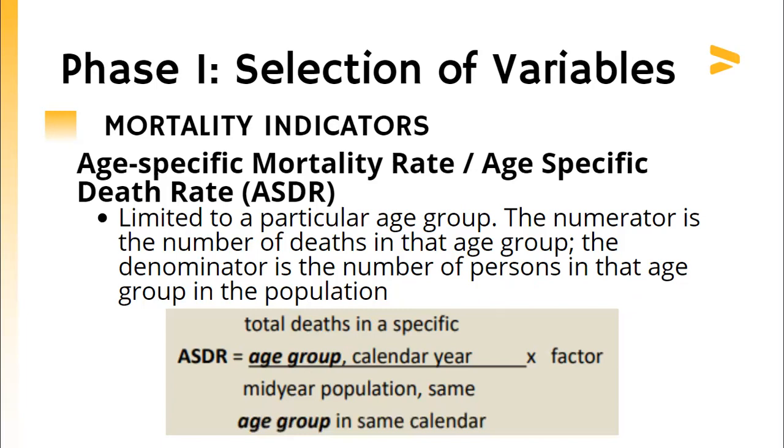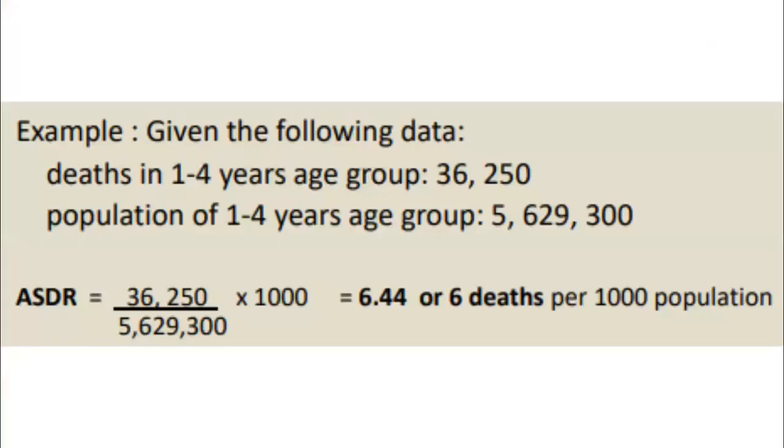Okay, so for example, given the following data, the number of people who died in the age group 1 to 4 years of age is 36,250. And the total population in that age group in that same year is 5,629,300. Compute for the age-specific death rate or age-specific mortality rate.